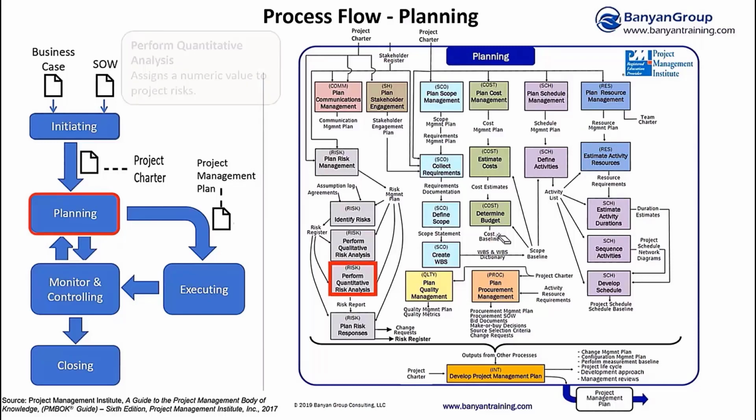The next process is quantitative analysis. Sometimes people look at this diagram and think we've got a misprint because we've got the same process name twice, but if you look closer, there's a subtle difference between those two. The qualitative risk analysis is about prioritization. Quantitative is assigning a numeric value, a dollar value, to the project risk.